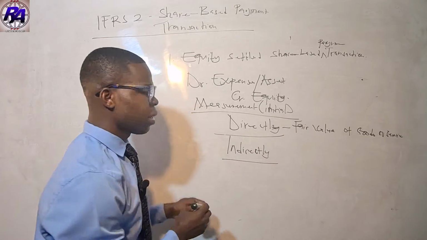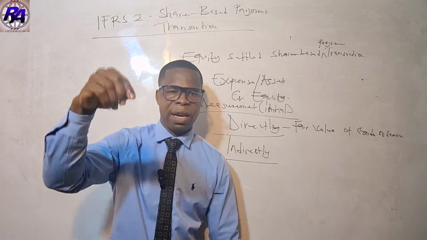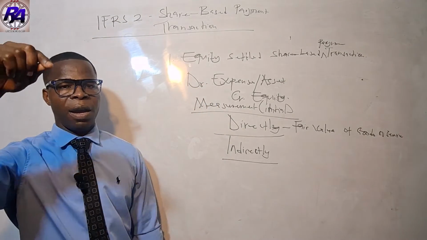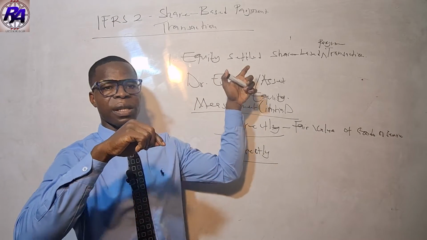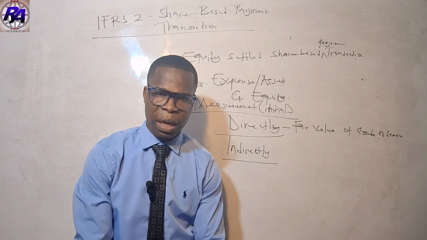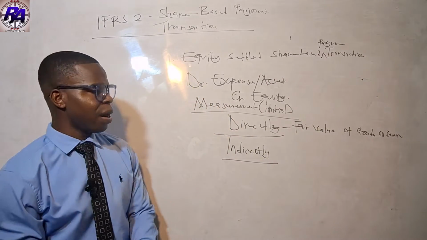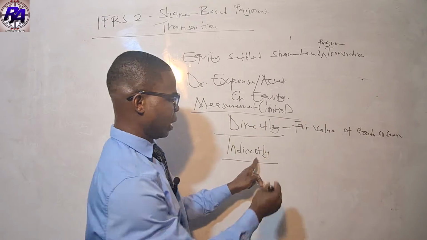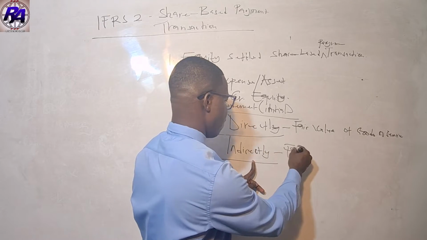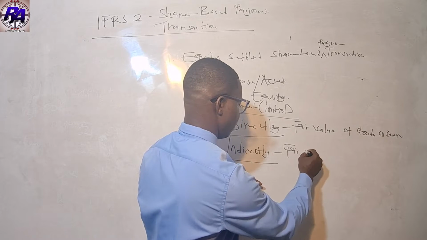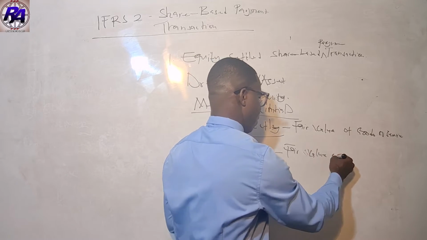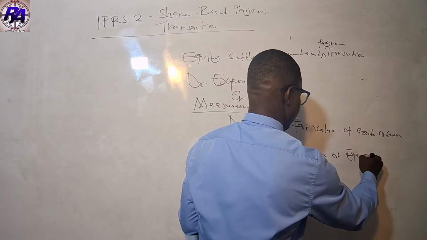So in situations where we cannot measure our equity settled share-based payment transaction directly, we have to resort to measuring it indirectly. Indirectly means that we are going to measure the goods and services using the fair value of the equity instrument of the entity.